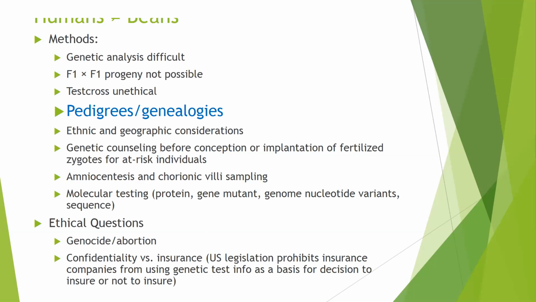But for humans, we have to use totally different methods. Since we cannot control any experiment in humans, what we can do is look at family trees. We can get information from the pedigrees and use that information to help us trace the diseased alleles in the family and in the population.